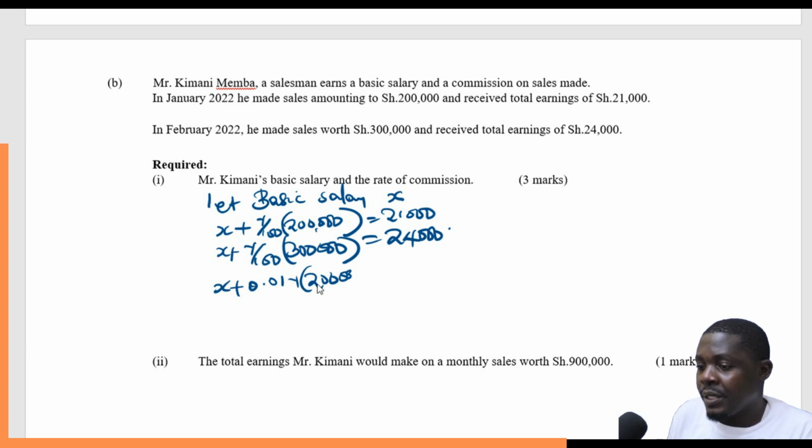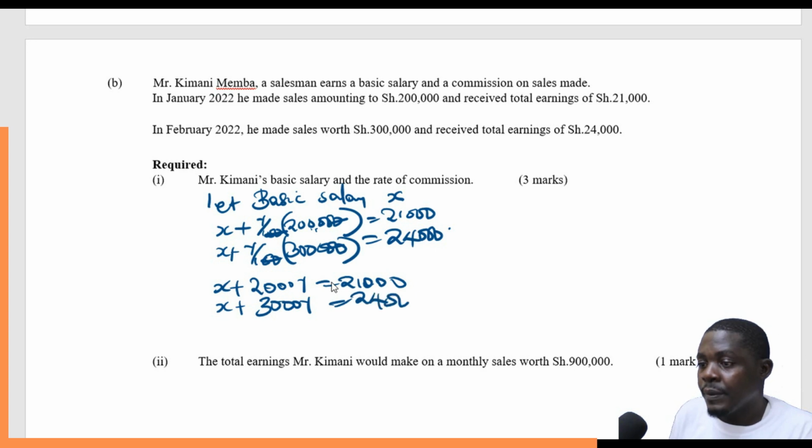Let me just do it this way without going the long distance. We can say that the 100 can go, and multiplied by this one we have X plus 2,000Y is equal to 21,000, and X plus 3,000Y is equal to 24,000.